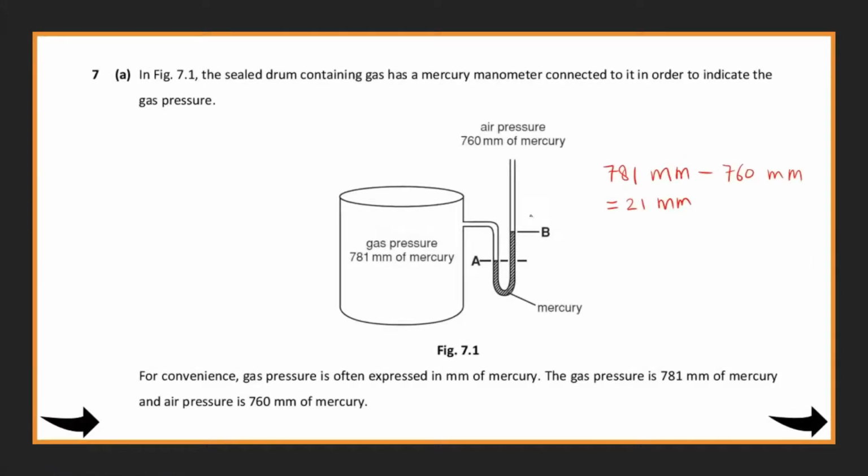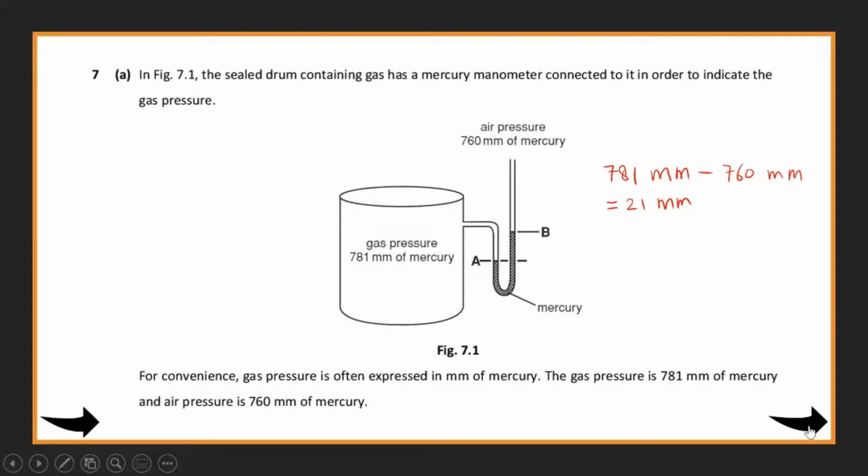The surface area of the mercury level at B is very small, while the window pane has a very large surface area. The mercury surface at B experiences the same amount of air pressure as the window pane.